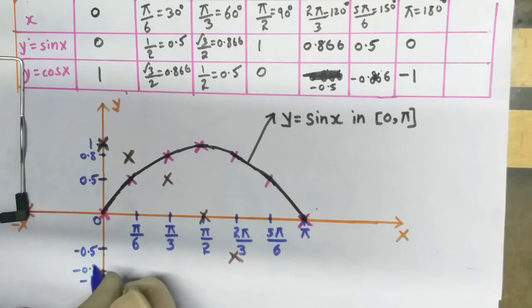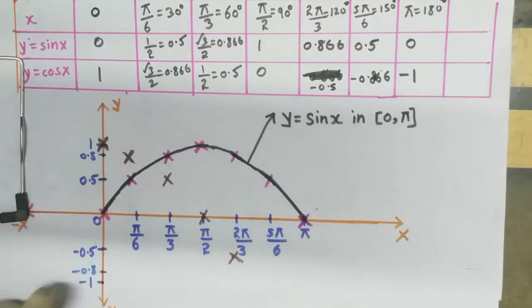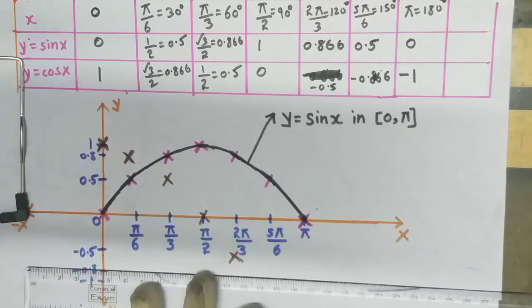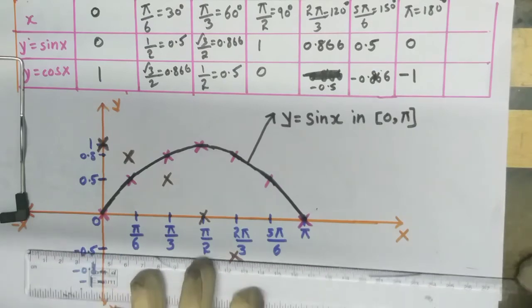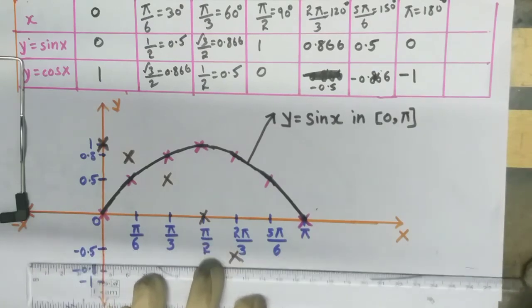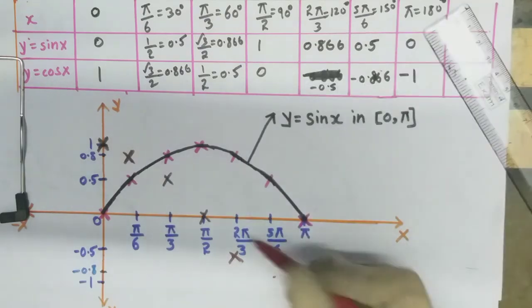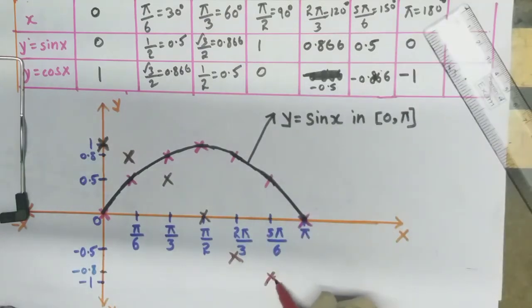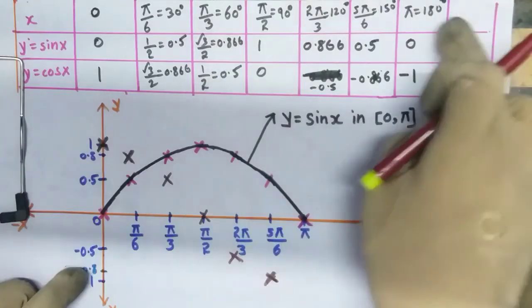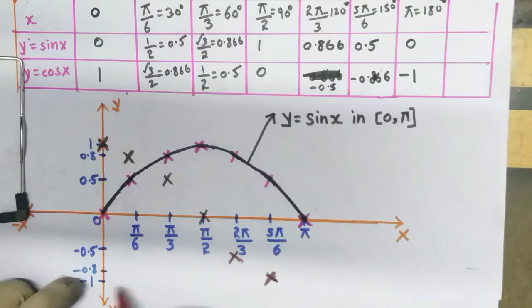Minus 0.8. This was 0.5, this is 0.8. Here. Then we have when x is 180, y is minus 1. X is 180, y is minus 1 means here again.